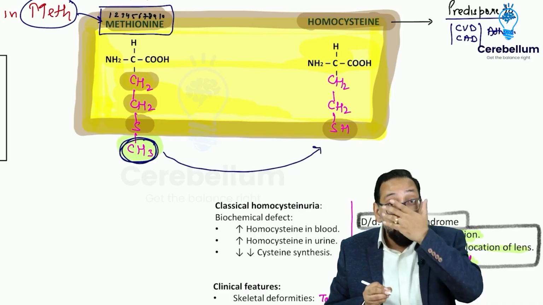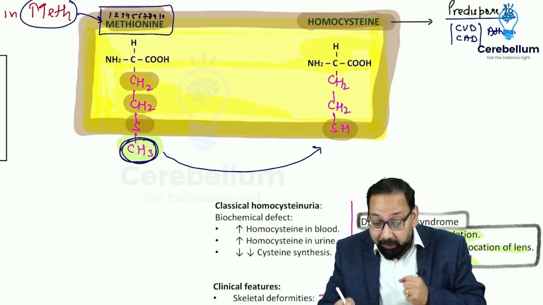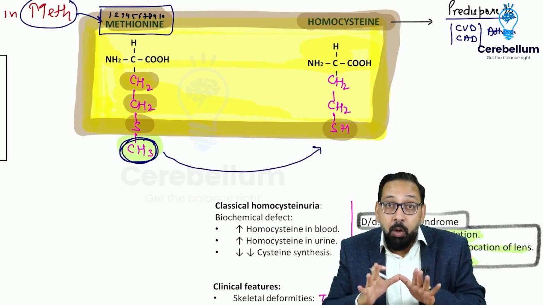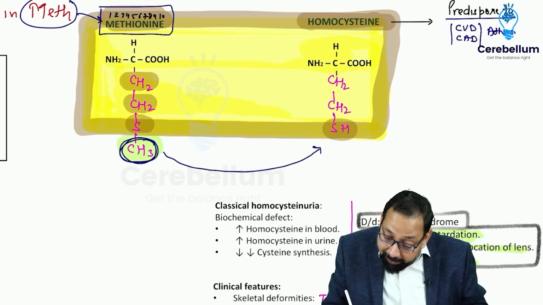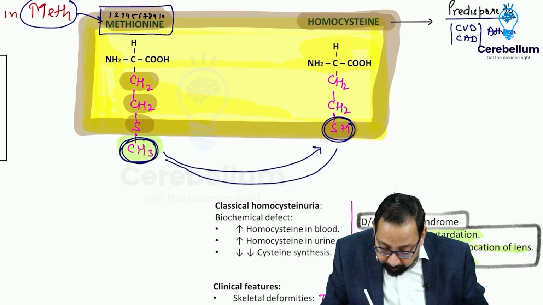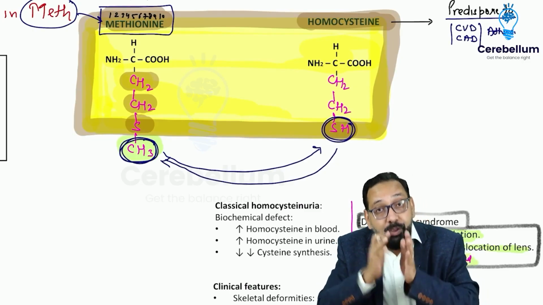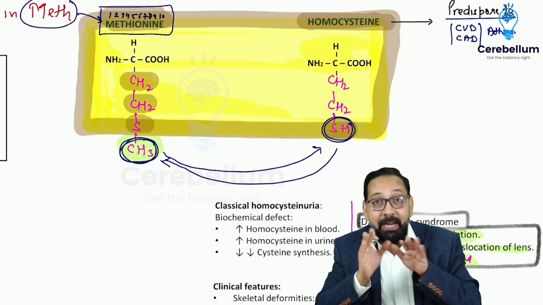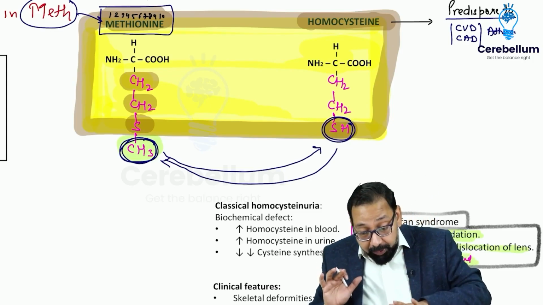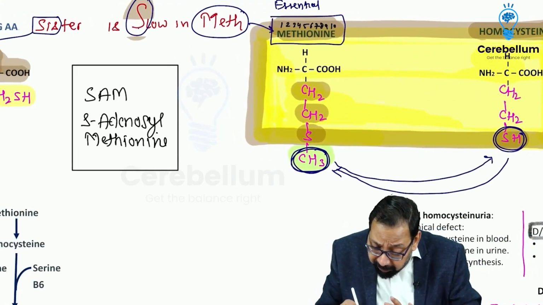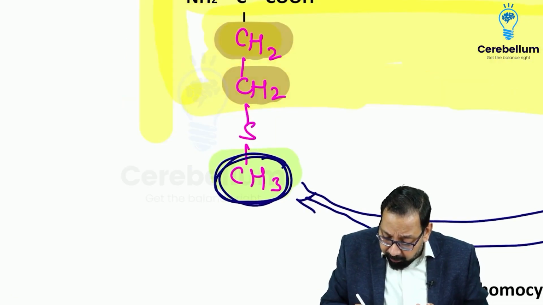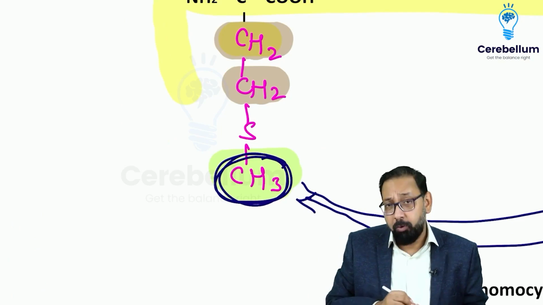I don't say remember the structure, just have an idea. Or if I join a methyl group to homocysteine, it will be converted to methionine. So homocysteine to methionine or methionine to homocysteine can be easily converted. The only difference is the methyl group. So we found that in methionine, this sulfur is naughty. The sulfur is naughty. It wants to bind to other compounds also.